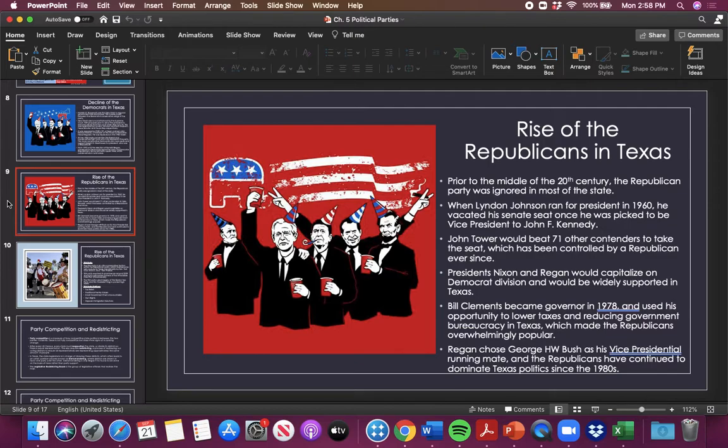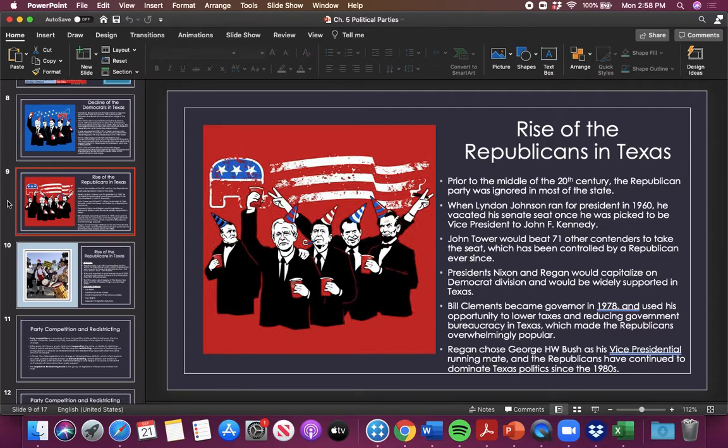So this leaves a vacancy in a Senate seat that had been controlled by a Democrat for pretty much all of Texas's history. 71 individuals throw their hat into this race, but a Republican named John Tower wins that seat. He is a Republican, and that seat has been controlled by a Republican ever since 1960.